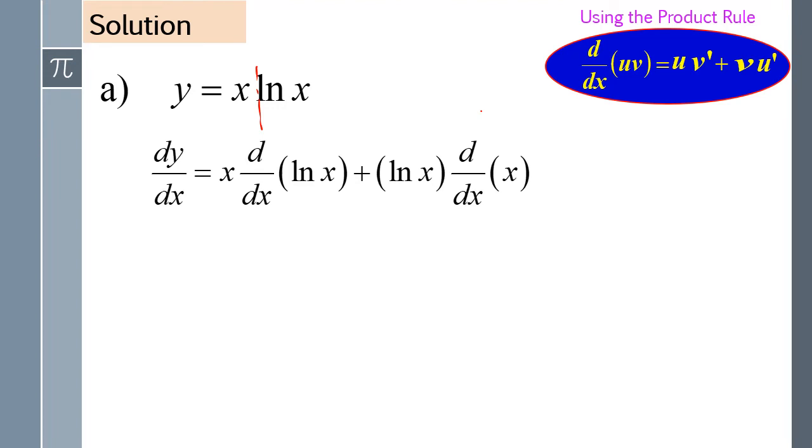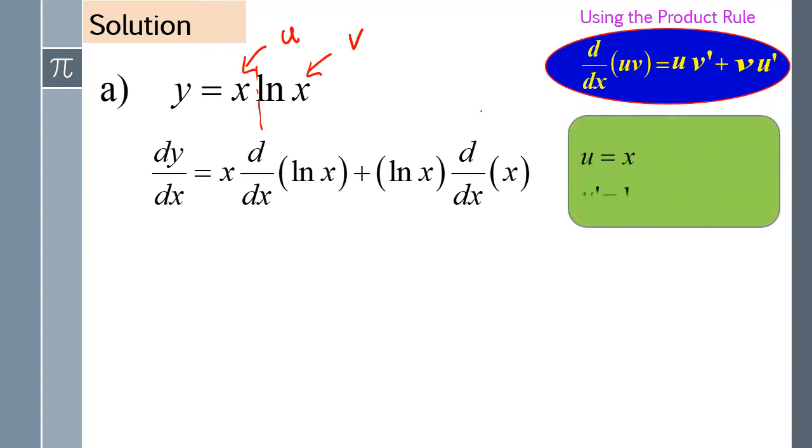That is, we let x is equal to u, and then we let ln x is equal to v. Then we differentiate, u is equal to x, and then u prime is equal to 1. Then v is equal to ln x, v prime is equal to 1 over x.